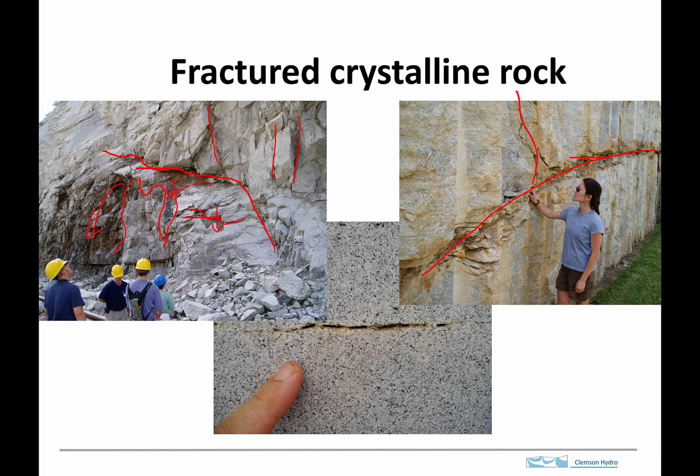And down here at the bottom in the middle, I show a close-up of a fracture in some granite. And we think of fractures as being like this slot that is an open slot, but actually fractures are supported by small roughness, small bumps on their surfaces, asperities, and the asperities are in contact across the fracture and provide support.